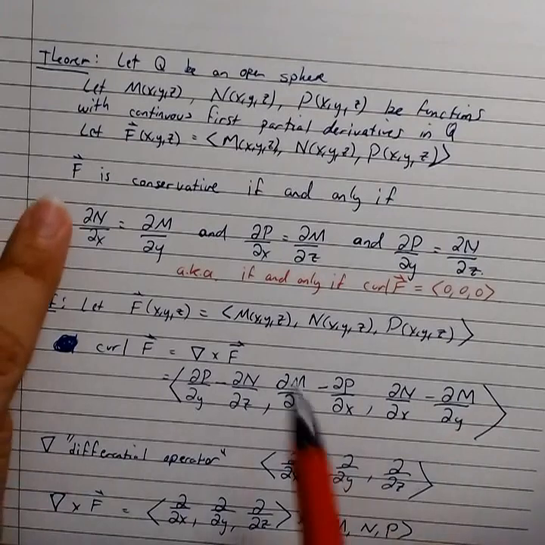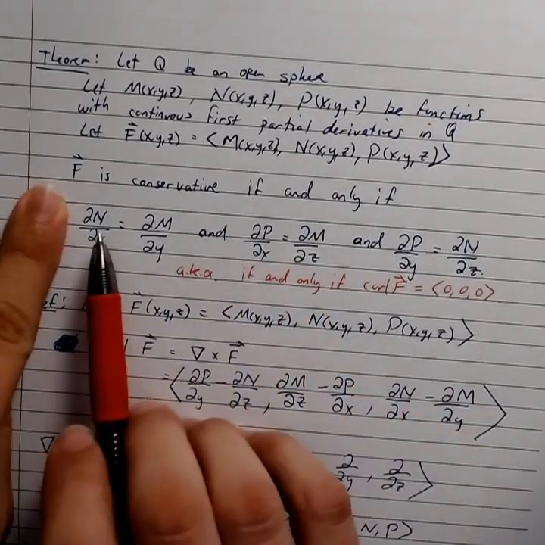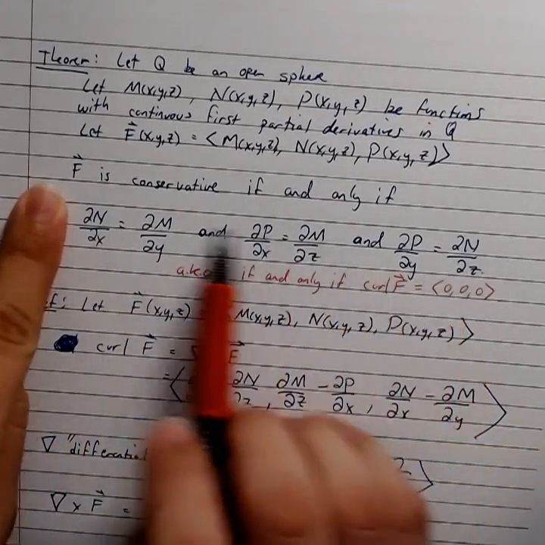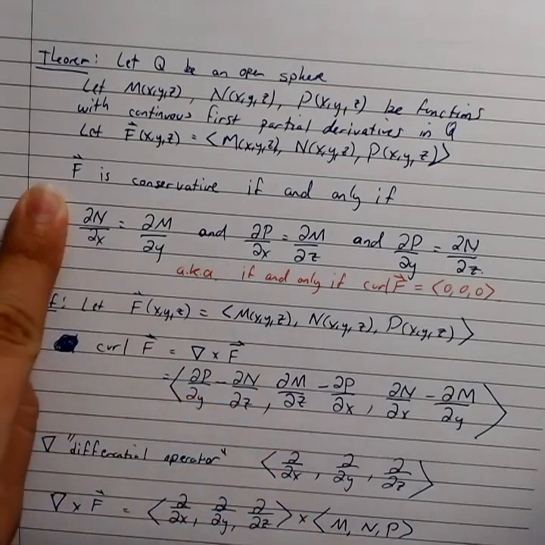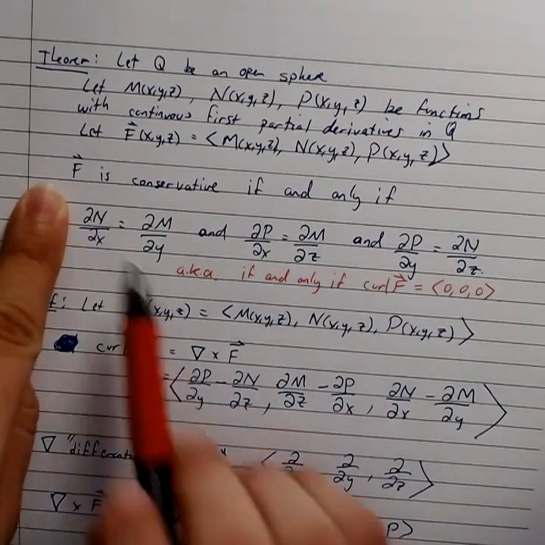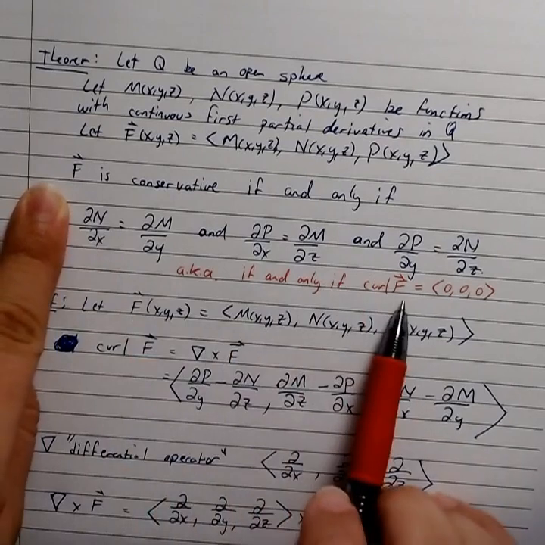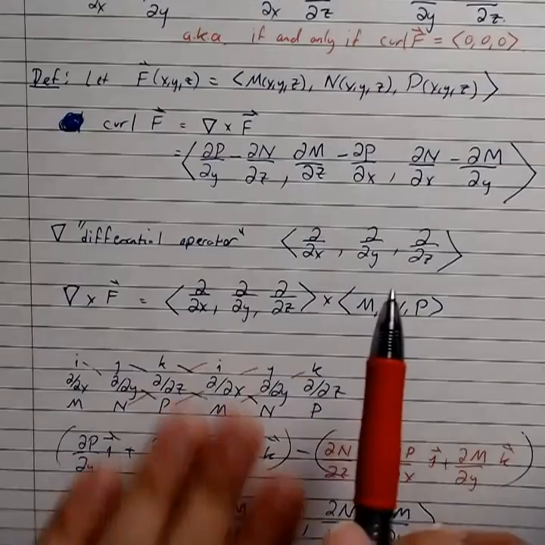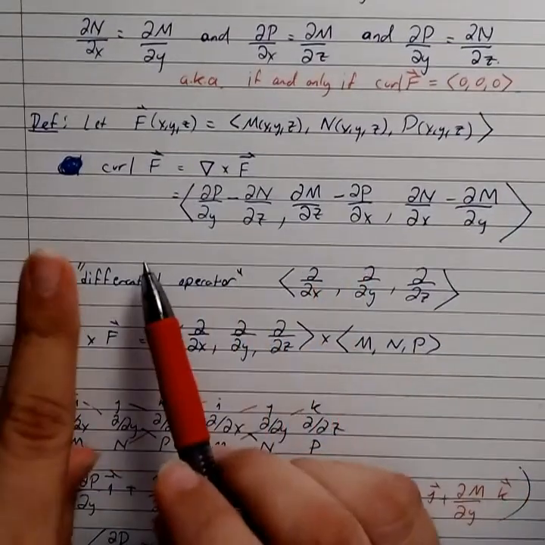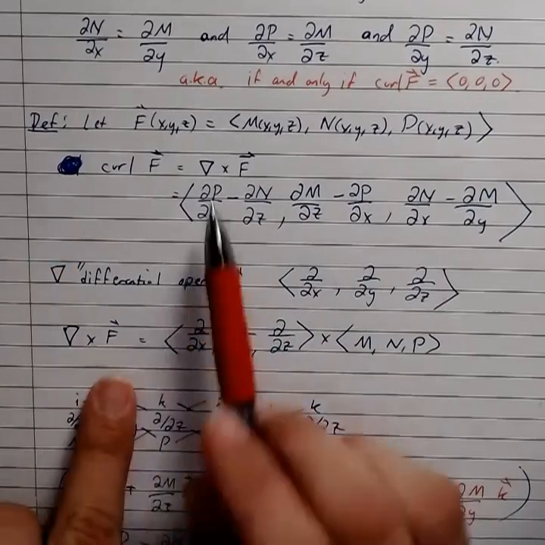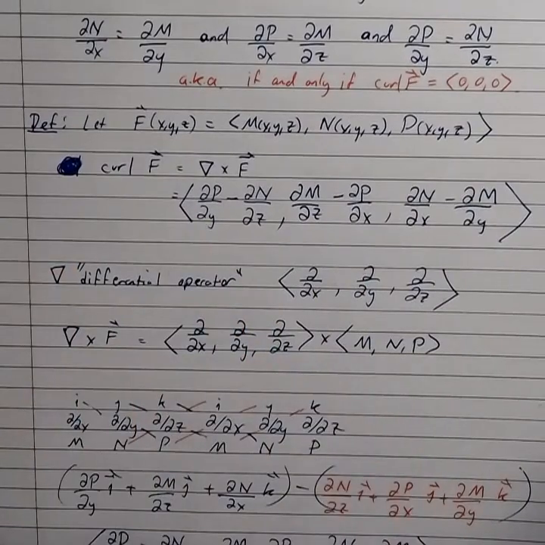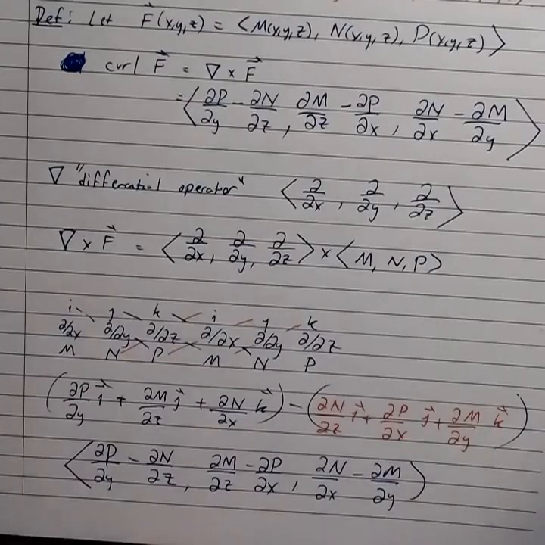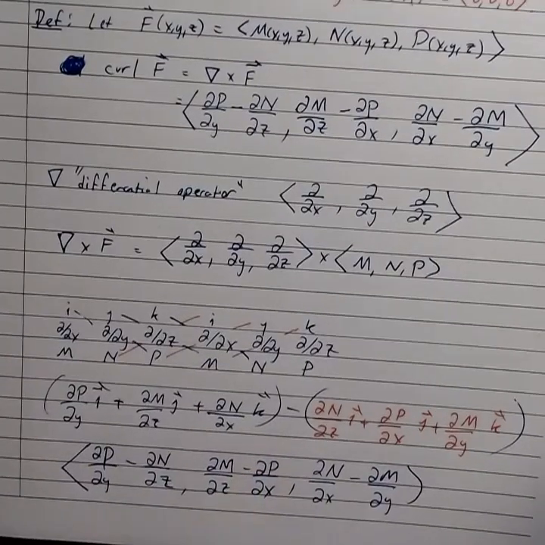It tells us that a vector field is conservative if and only if all of these equations are true, which can be condensed down to a simpler statement. A vector field is conservative if and only if its curl is 0. Okay, and how do you compute a curl? It's going to be the differential operator crossed with the vector field. I'll say it one more time. Terrible abusive notation, but it does give you a nice result.